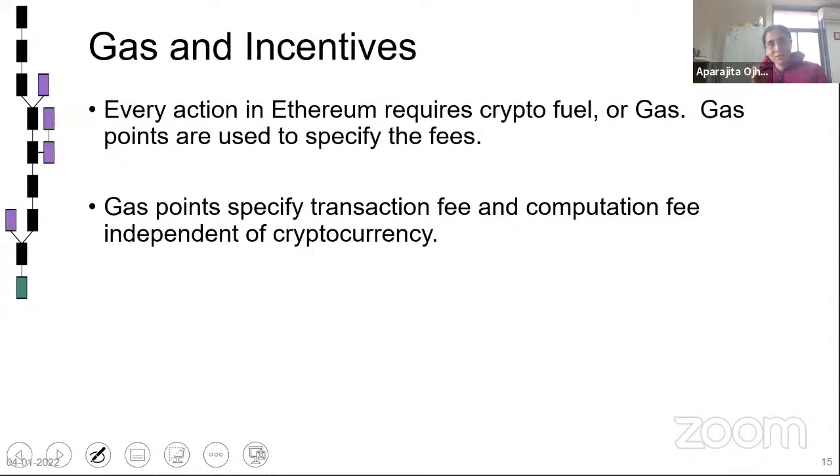So irrespective of the rate of steel or concrete or anything else, the two-story house will require this much steel, this amount of cement, and the amount of other material will remain the same. Similarly, the gas remains the same for computation, irrespective of the cost of gas.